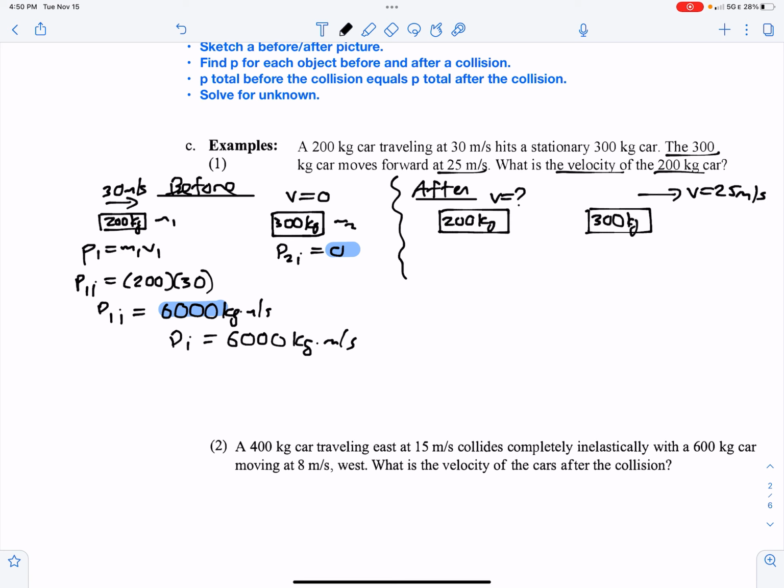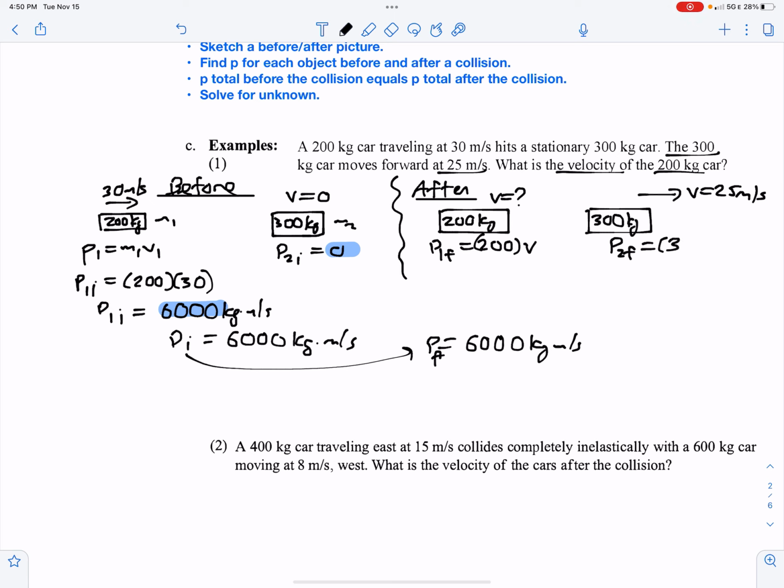All right, so now we go to the backside. Okay, my total final momentum. Well, total initial momentum is supposed to equal total final momentum. So that's supposed to be 6,000. Okay, more on that in a minute. All right, but let's figure out some things. P1 final is going to be 200 times V. We're looking for V. Now over here we have P2 final, which is going to be 300 times 25.